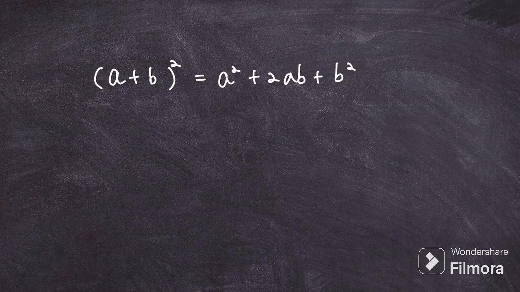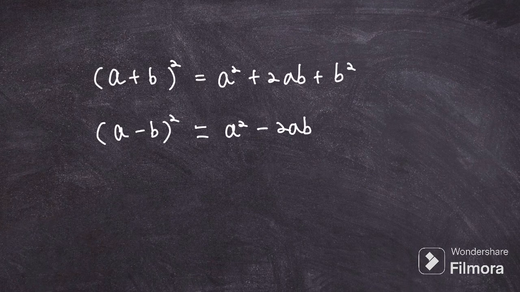So have it memorized. The a minus b squared formula, however, is not mandatory, but it's nice to know. A squared minus 2ab plus b squared. It's not vastly different from the first formula, so I would advise you to memorize both.